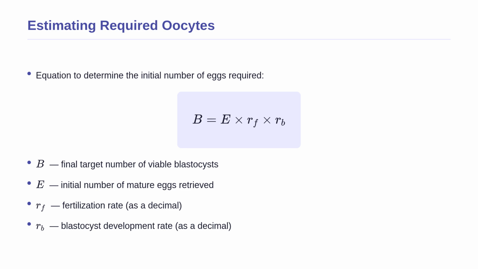E is the unknown initial number of mature eggs that we need to find. The symbol RF stands for the fertilization rate, which is the percentage of eggs that successfully combine with sperm. Finally, RB represents the blastocyst development rate, which is the percentage of those fertilized eggs that survive to the final embryo stage. Both rates are used as decimals in the calculation.